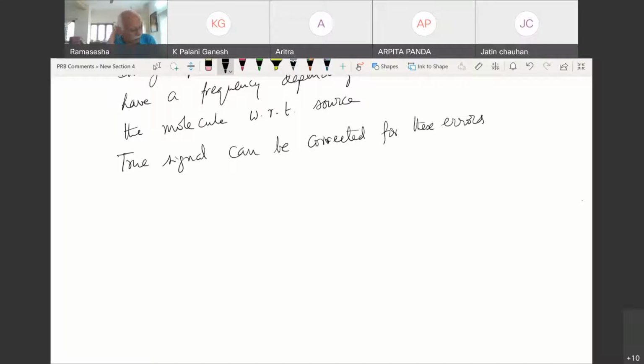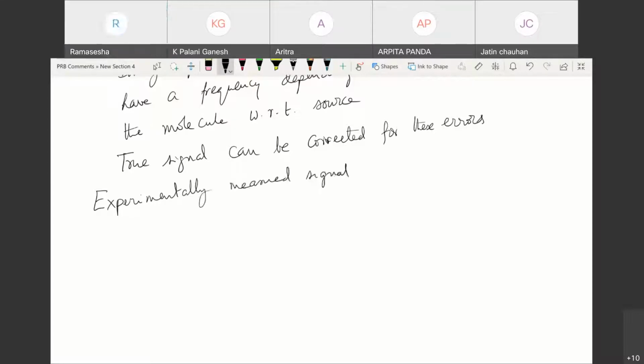So this is not fusion, a convolution of the function.